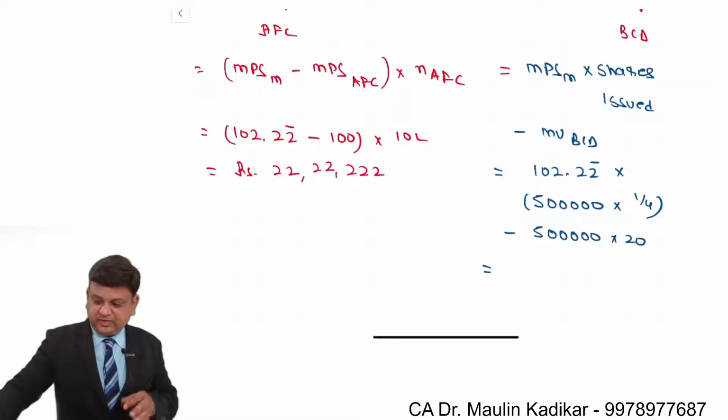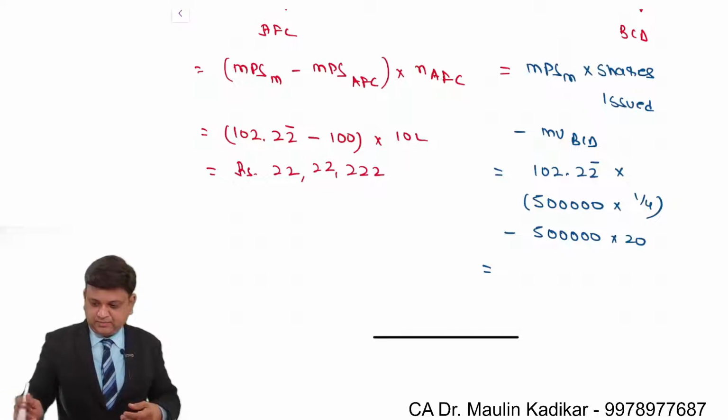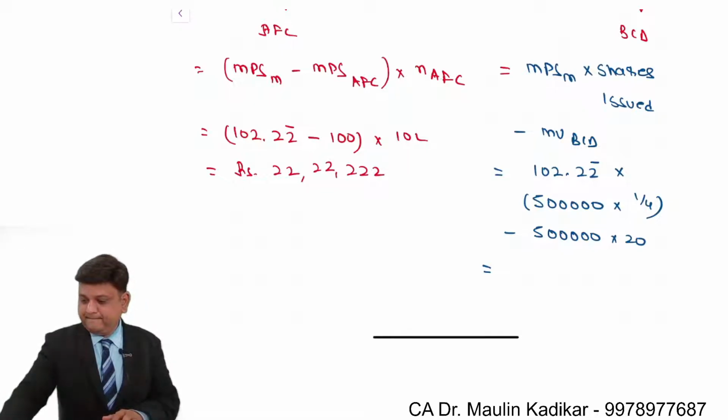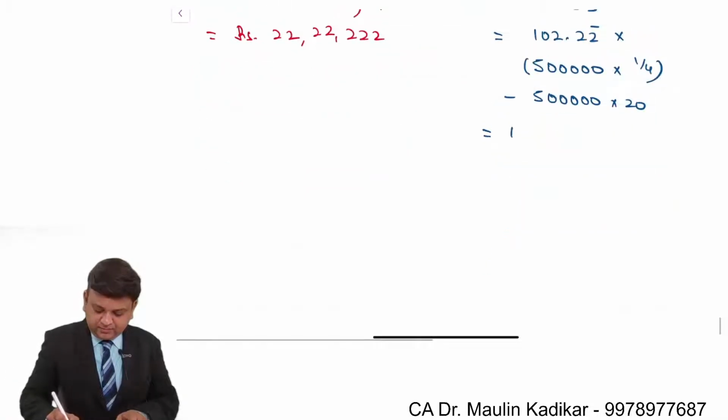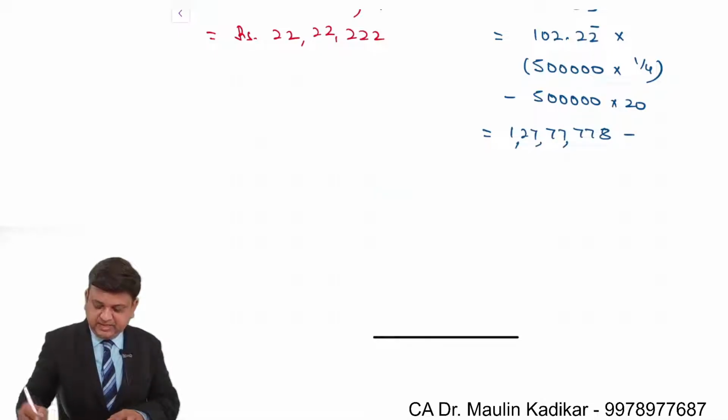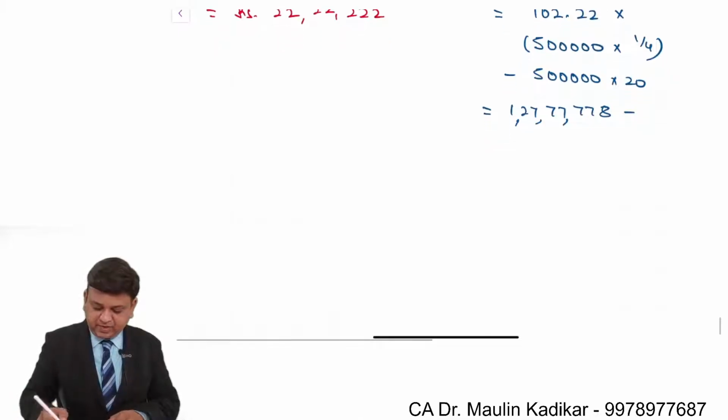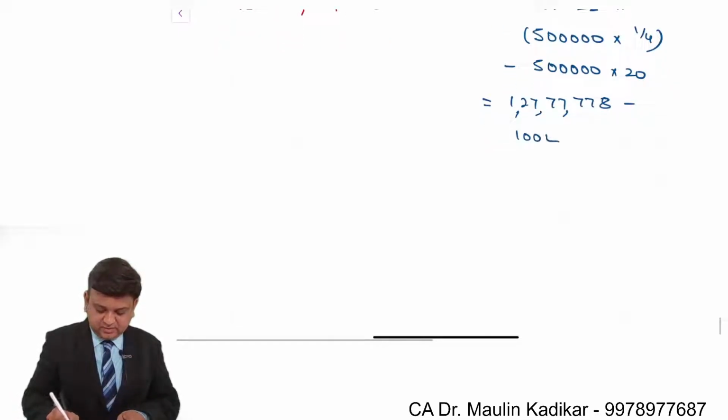So it is 1,25,000 into 102 point, that comes to 1 crore 27 lakhs 77,778 minus 100 lakhs.